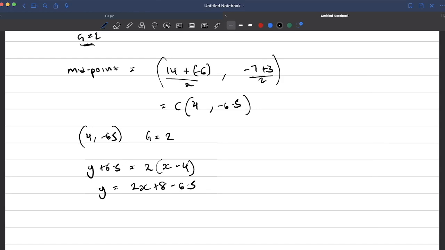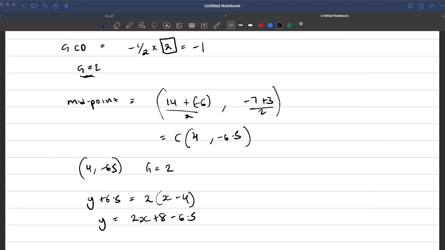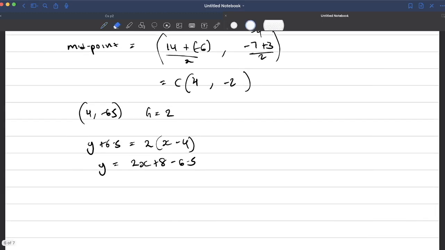Plus 8. Sorry, again, this is actually minus 2. Very sorry. I do not know what's happening. So minus 7 plus 3 is minus 4, so divided by 2 is minus 2. Okay, minus 2.